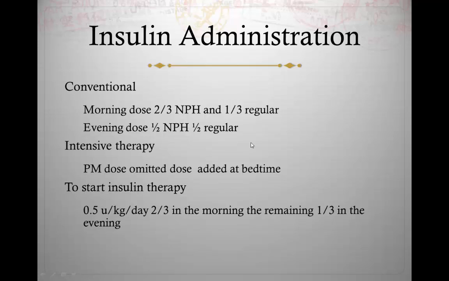So basically, you get the kilograms of the patient, right? And you start 0.5 units per kilo per day. And basically, you get a total number, and you would give 2/3 of that number in the morning and 1/3 of that number in the evening.